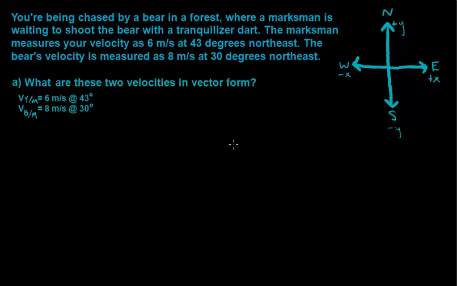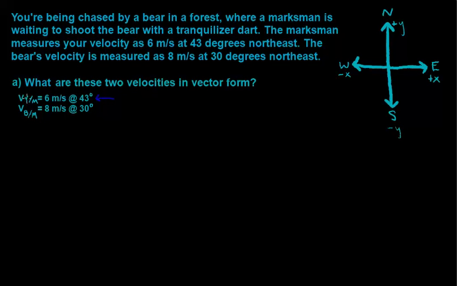And part A of this problem is asking, what are these two velocities in vector form? So as far as relative velocities go for part A, we have that our velocity relative to the marksman is equal to 6 meters per second going 43 degrees northeast.